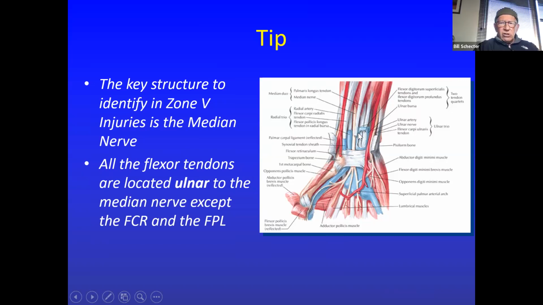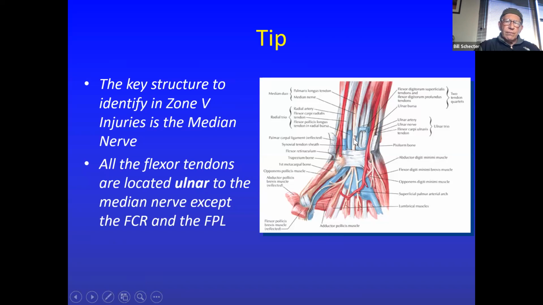And why is this important? It's important because all the structures on the volar wrist are located on the ulnar side of the median nerve, with the exception of the flexor carpi radialis and the flexor pollicis longus. Let me repeat that.